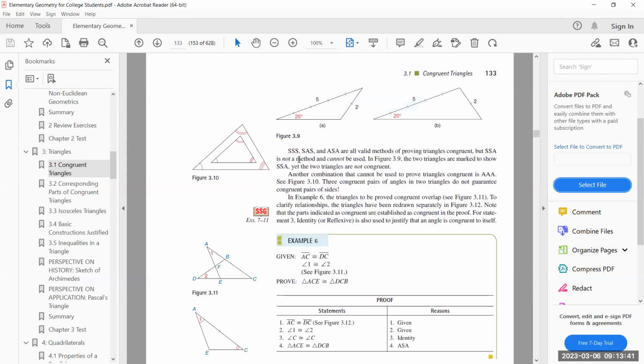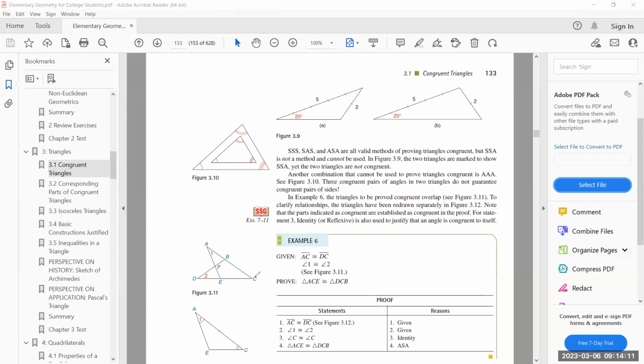If you look at this proof here, it says, given that AC is congruent to DC. So here, what we're given, we're looking at the diagram, and we're seeing that those two segments are equal. So what I would probably do is mark that.